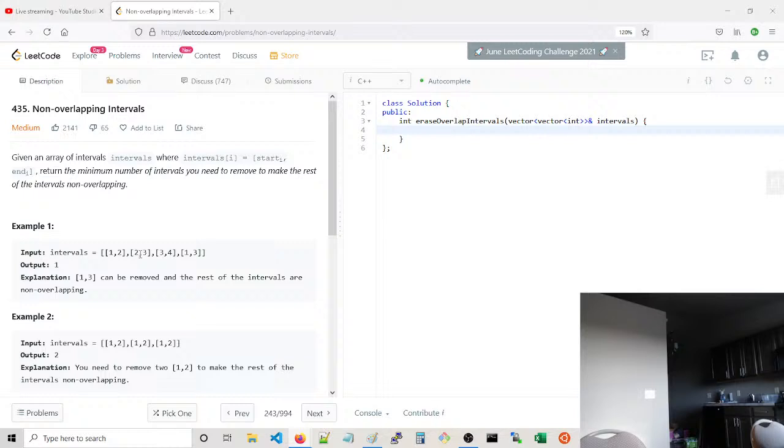One of the issues is that we would want to be able to efficiently remove one of these pairs, or one of these intervals. That's one thing.